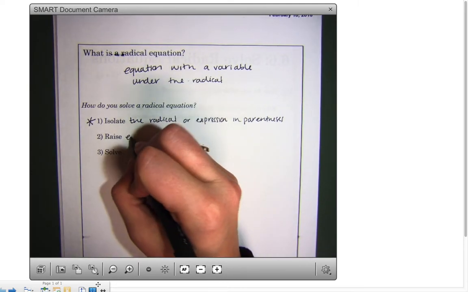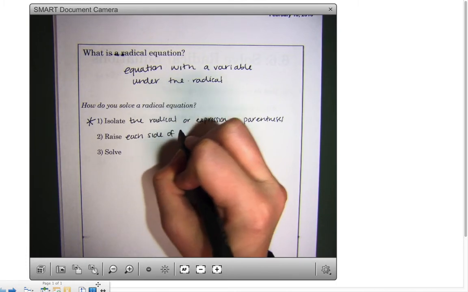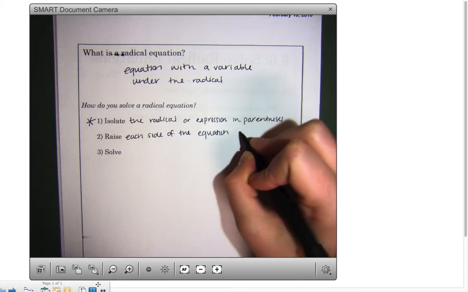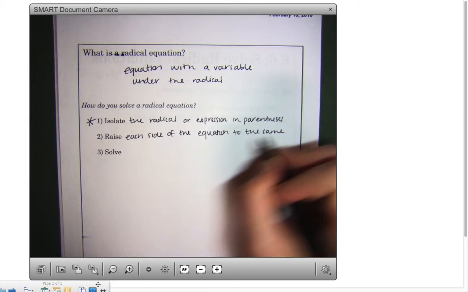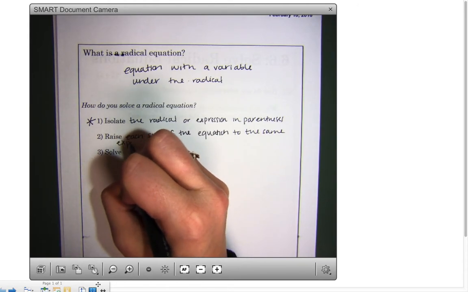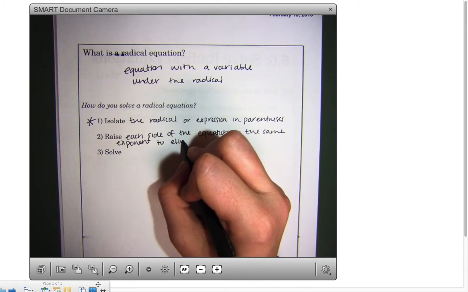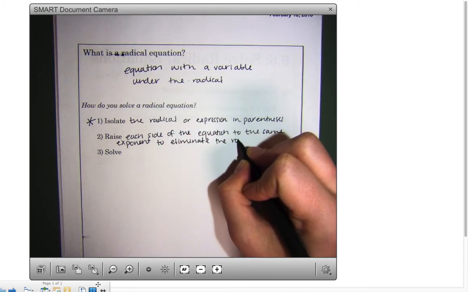Then you're going to raise each side of the equation to the same exponent to eliminate the radical or the exponent, depending on the problem.